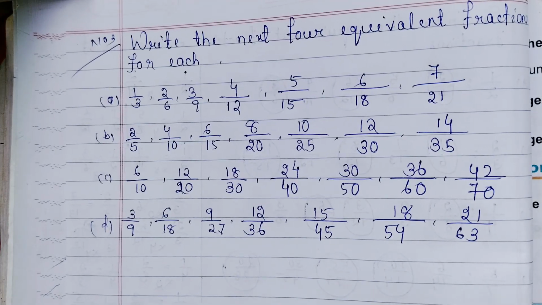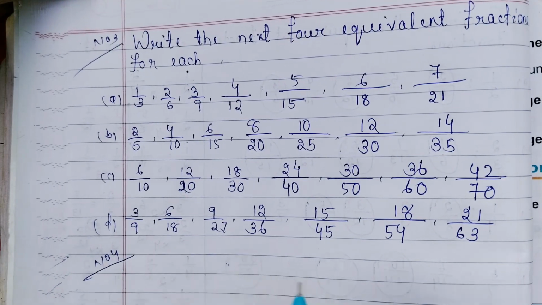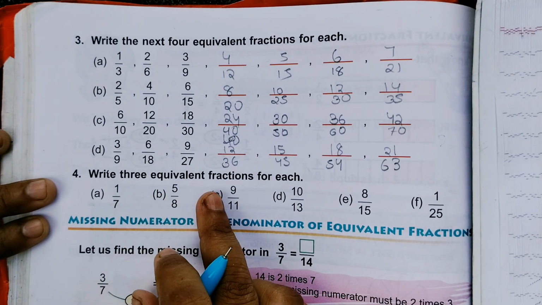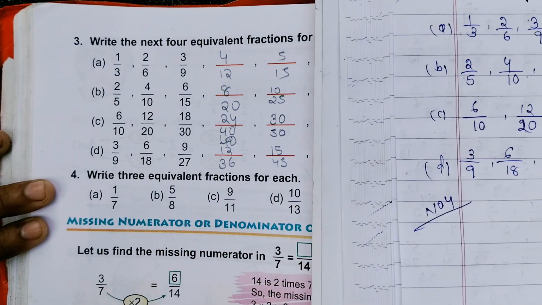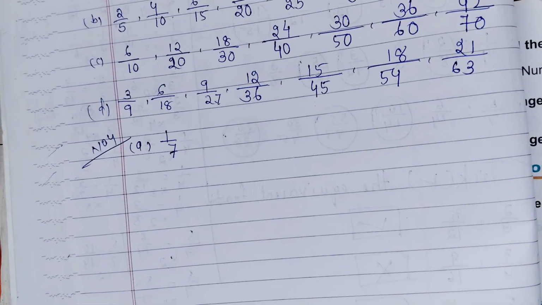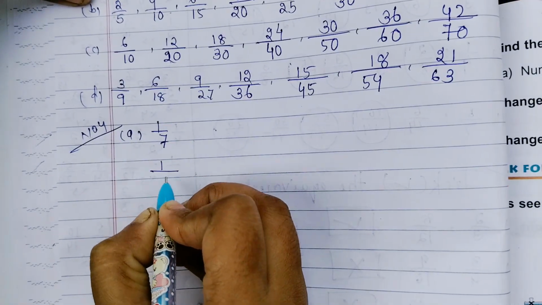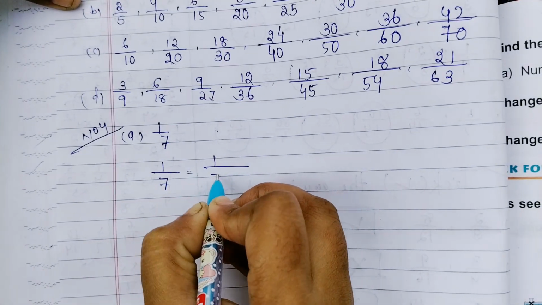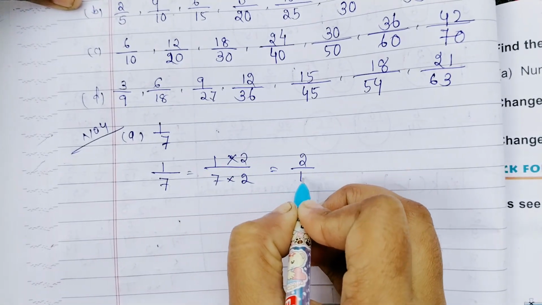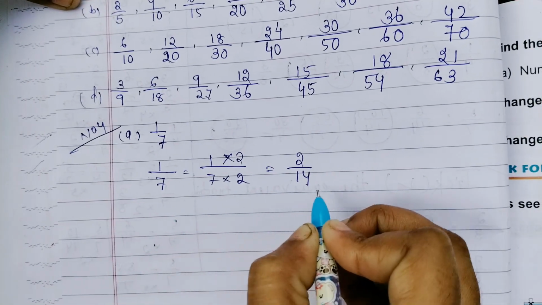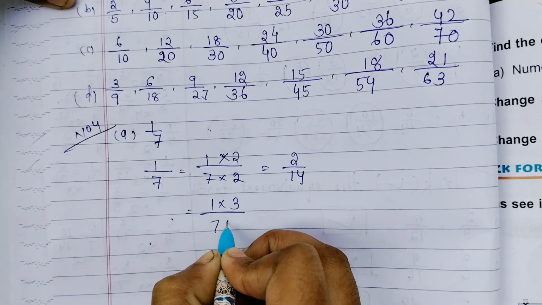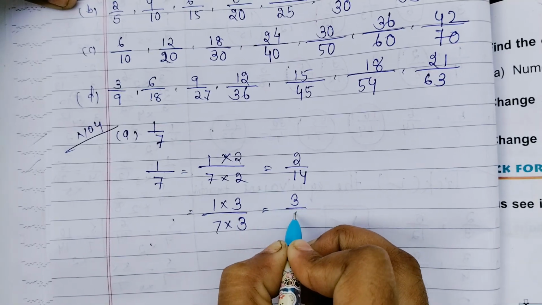Now we solve question number 4. Write 3 equivalent functions for each. A, 1 by 7. So 1 by 7 equal 1 by 7 into 2. 2 times 1 is 2, 2 times 7 is 14. Then we multiplied 3. 1 into 3 by 7 into 3, 3 by 21.